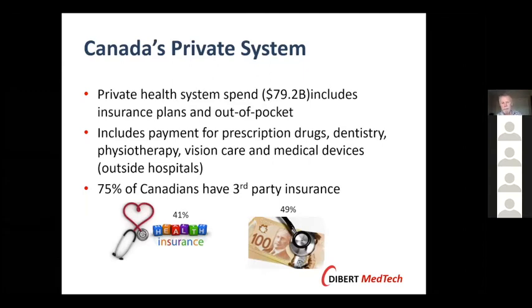This is prescription drugs, dentistry, physical therapy, vision care, medical devices outside of hospitals. If you get a prescription drug or a medical device inside a hospital, it's covered by the health system. At the bottom here, you can see that of that 80 billion, 41% is paid through insurance and almost 50% is paid by cash.